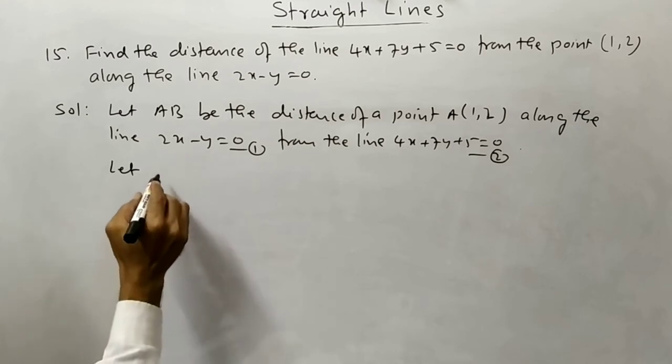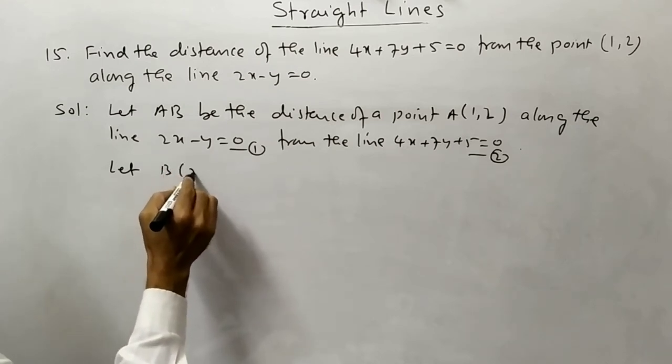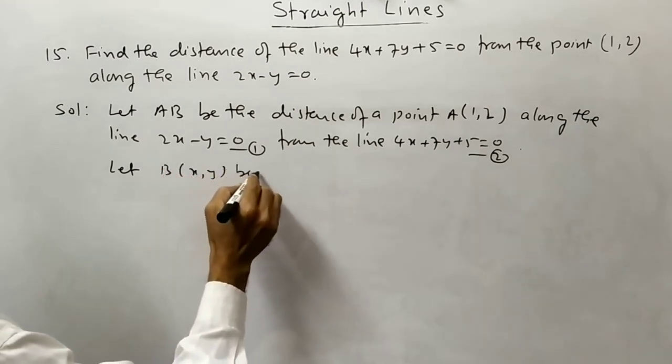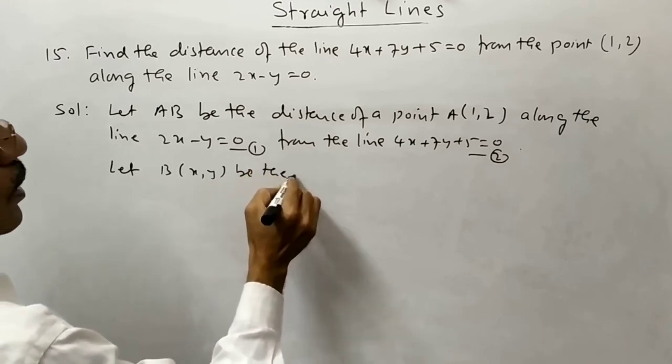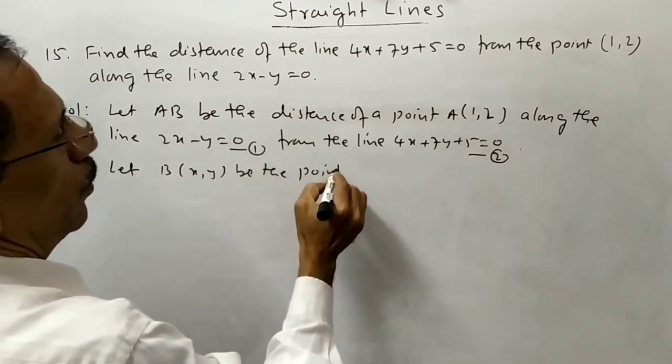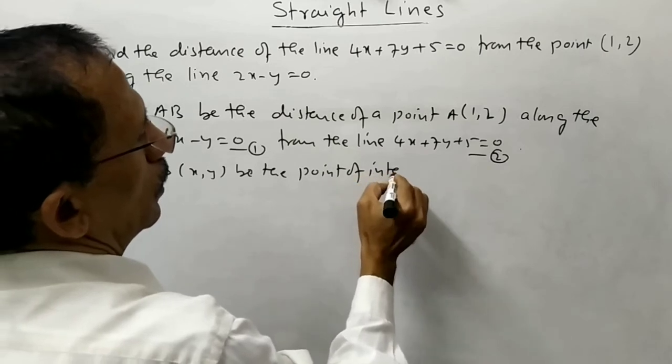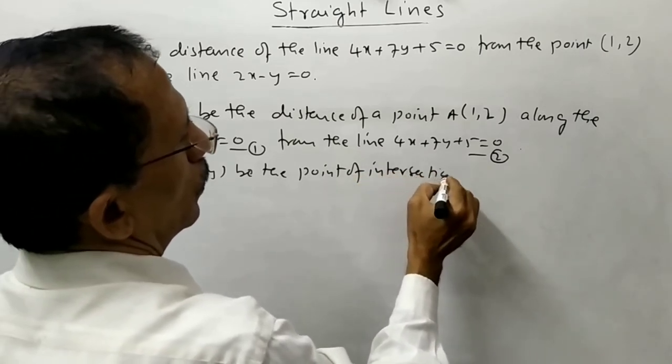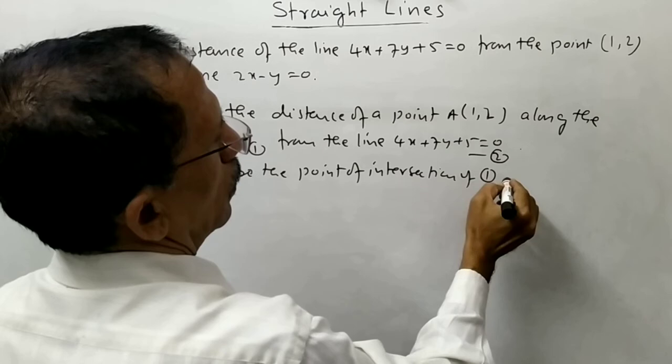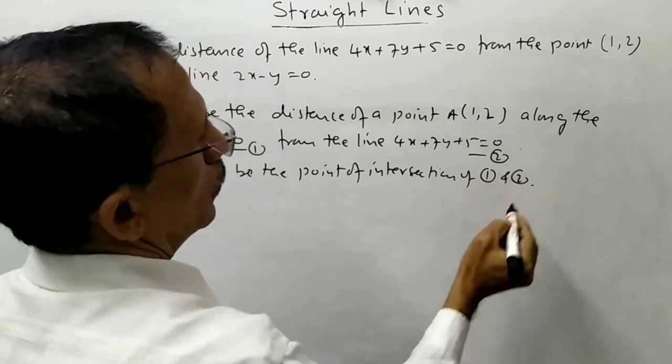Let B(x, y) be the point of intersection of lines 1 and 2.